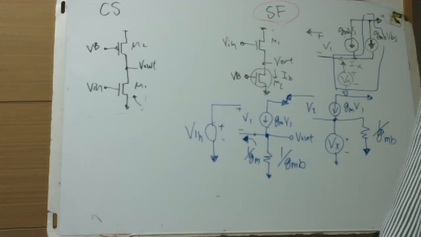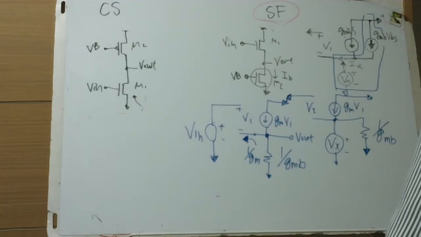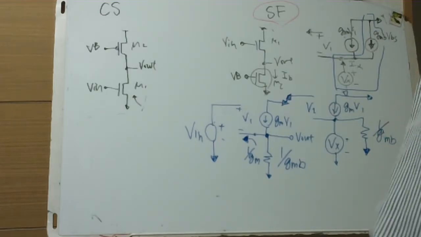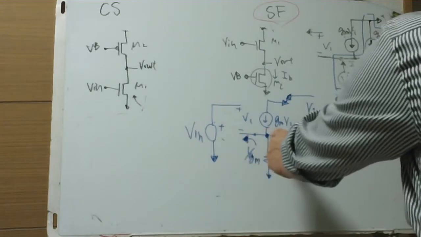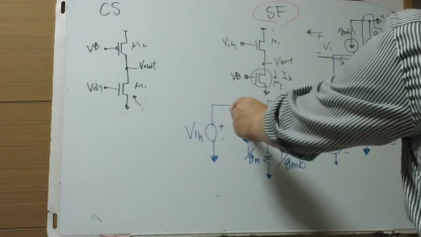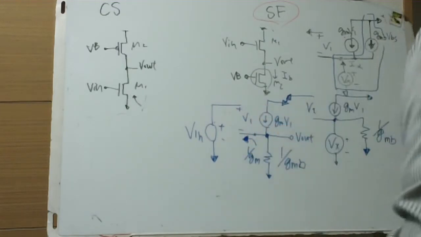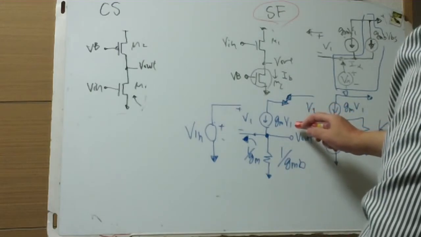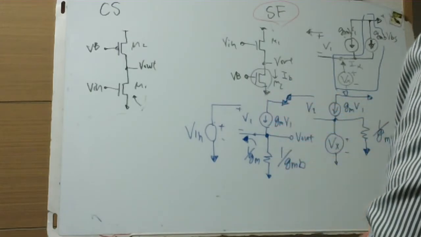But it's very simple. Simple Ohm's law. From Ohm's law, this is ground, but this is not ground. This is plus minus V1. V1 times Gm1 is this current.